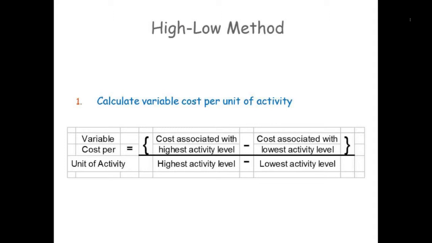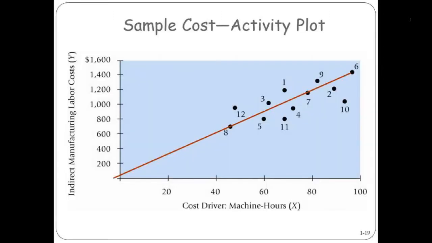How do you find the slope? Delta y over delta x, which is equal to y2 minus y1 over x2 minus x1, right? So this point is approximately, let's say, 42 and 700.